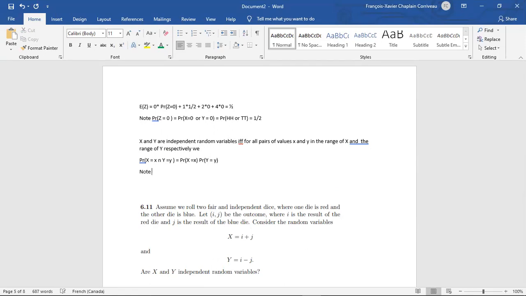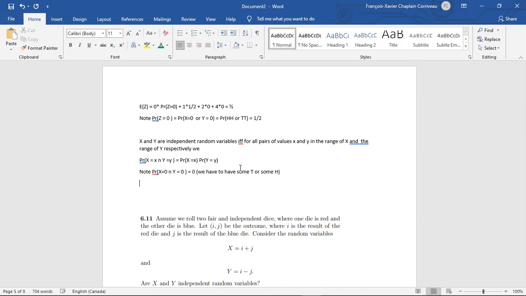Note, the probability of X equal to 0 and Y equal to 0 is equal to 0. You have to have some tail or some head. Also, the probability of X equal to 0, we just know what it is. This is the probability of all tails, which is 1/4.